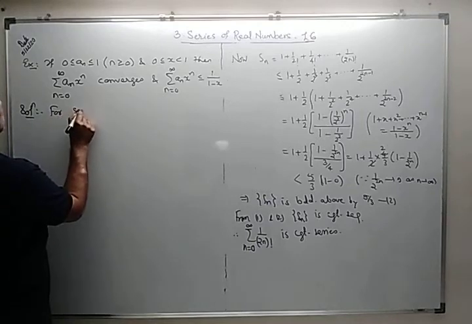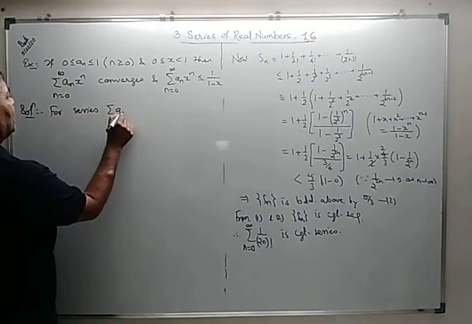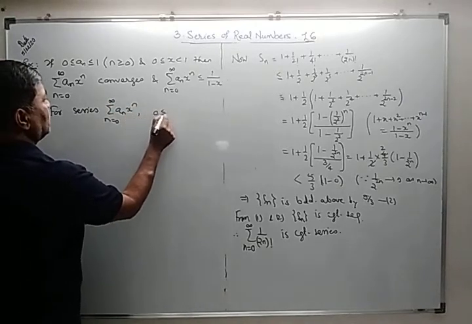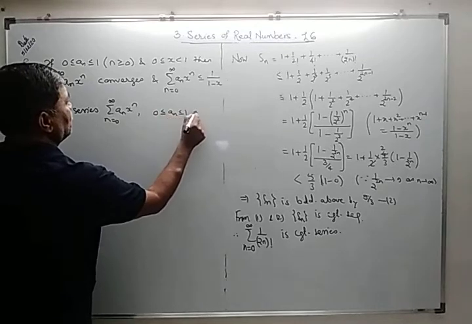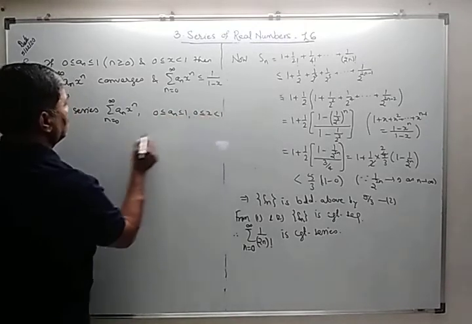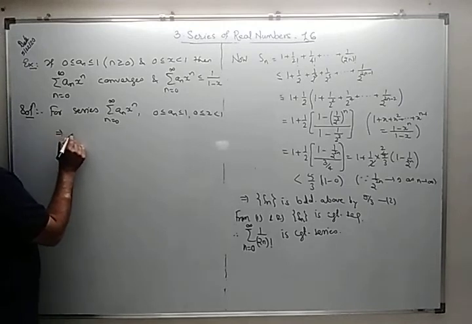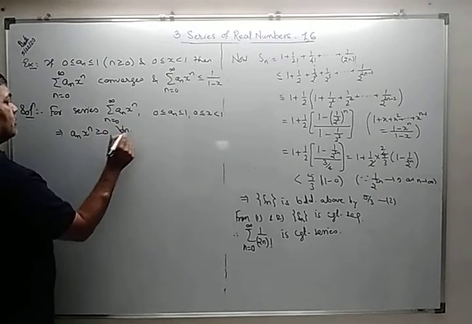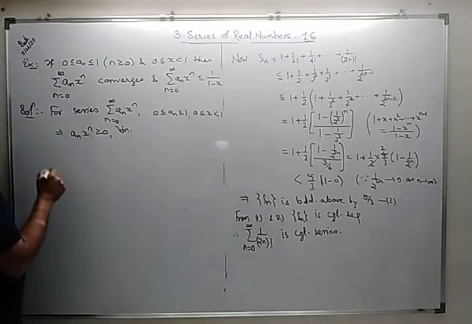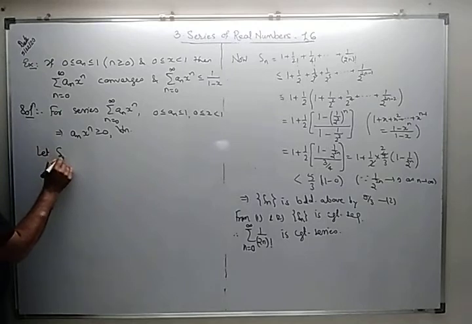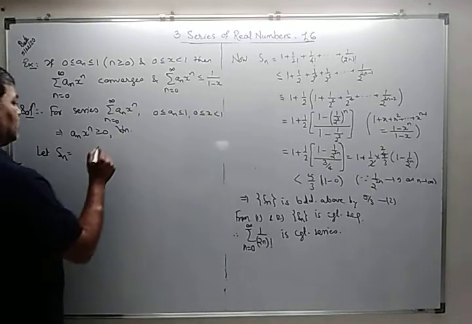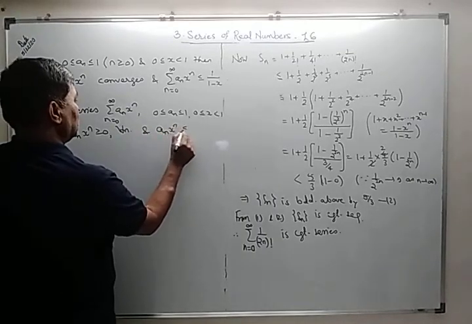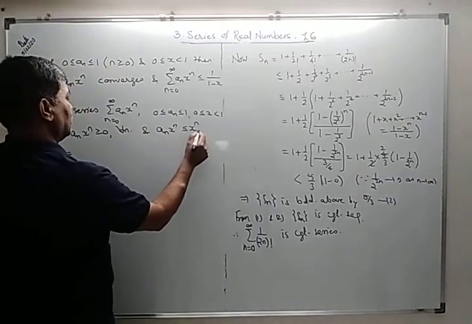So, for the series summation of a n into x raised to n, n equal to 0 to infinity, 0 less equal a n less equal 1, 0 less equal x less than 1 implies a n into x raised to n are greater equal 0 for all n, and a n into x raised to n is less equal x raised to n for every n.